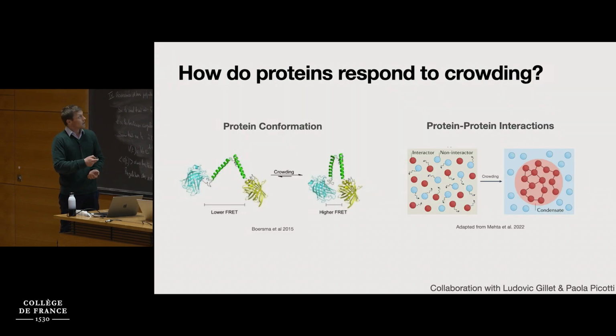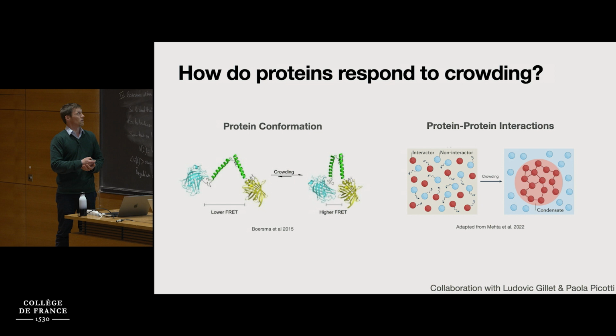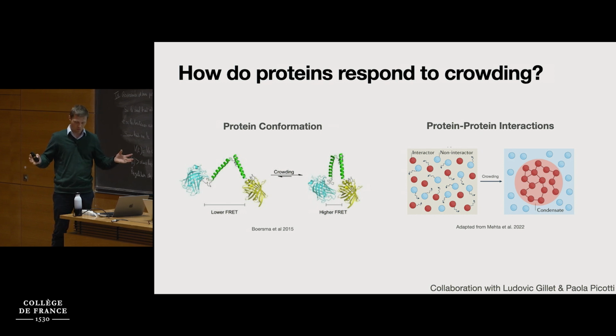And so what were we looking for in terms of crowding-sensitive processes? Macromolecular crowding has been studied quite extensively, and there are some processes that we know are crowding sensitive. One of them I already mentioned is protein conformation. In crowded environments, proteins prefer to take on a more compact conformation, and so we thought maybe we could use proteomics to detect such conformation changes. Crowding also favors more compact conformations if we think about multiple proteins.